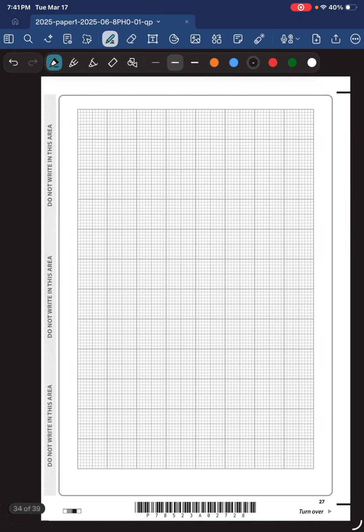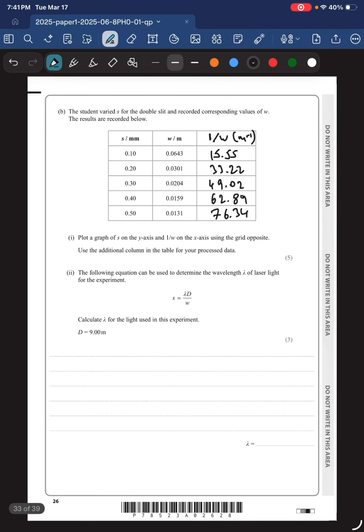Let's move to the plot. Before we move to the plot, notice that the range in S is from 0.1 to 0.5, so increments of 0.1 work. And the range in 1 over W is from 15.55 to 76, so increments of 20 are kind of good.